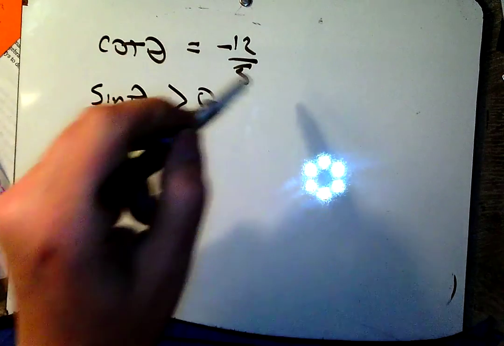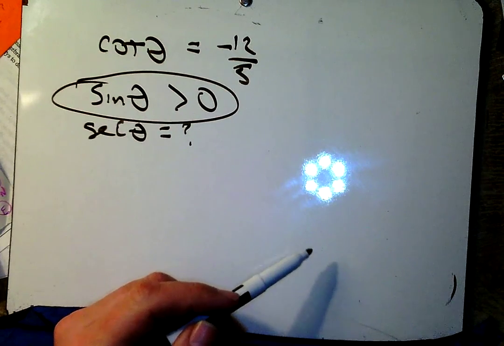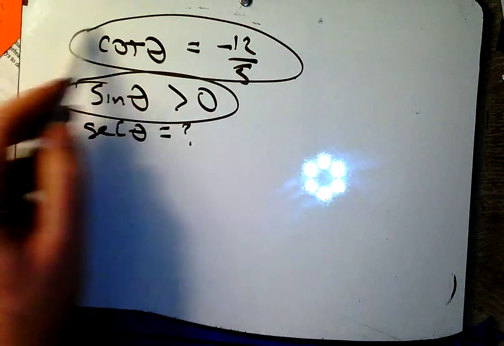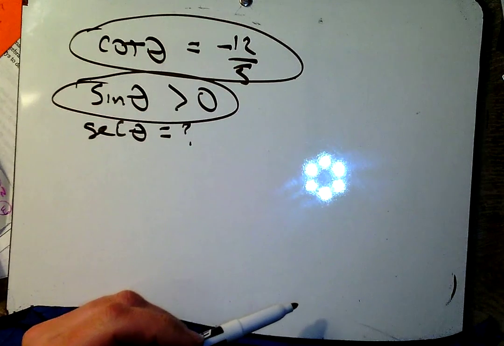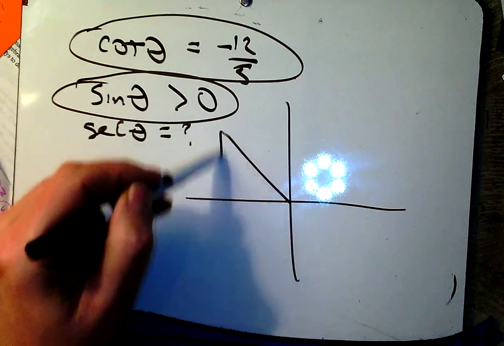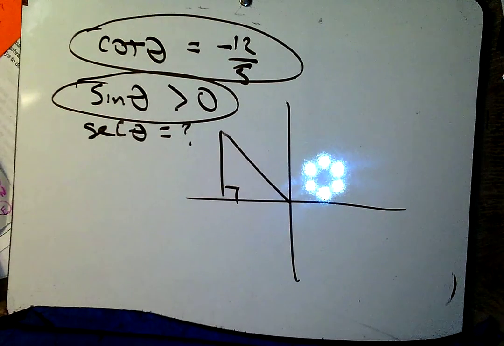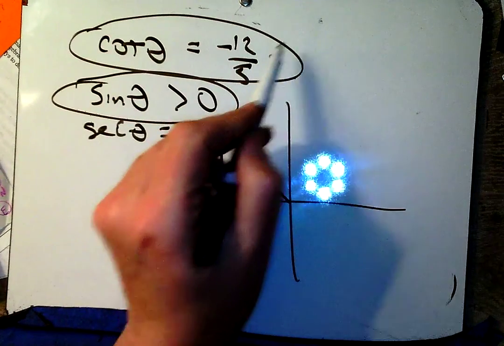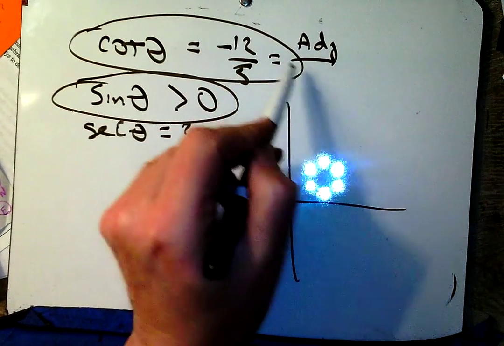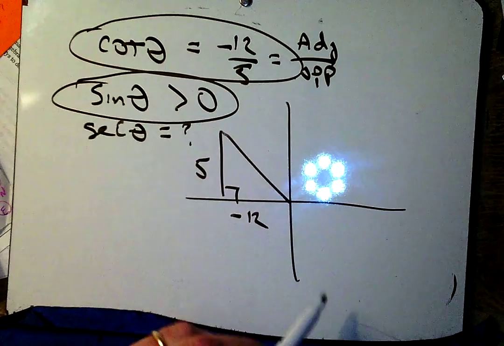Yeah, I like to think this is pretty straightforward. Sine is positive in quadrants 1 and 2. Cotangent is negative in quadrants 2 and 4. So I need to be drawing a second quadrant triangle. Cotangent is adjacent over opposite. 5, negative 12.